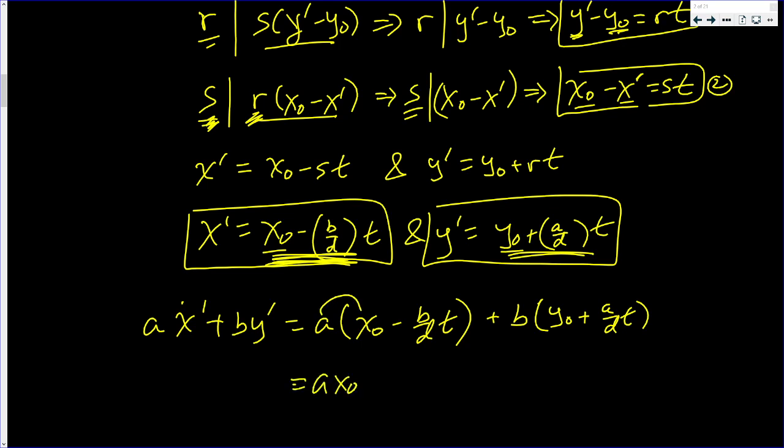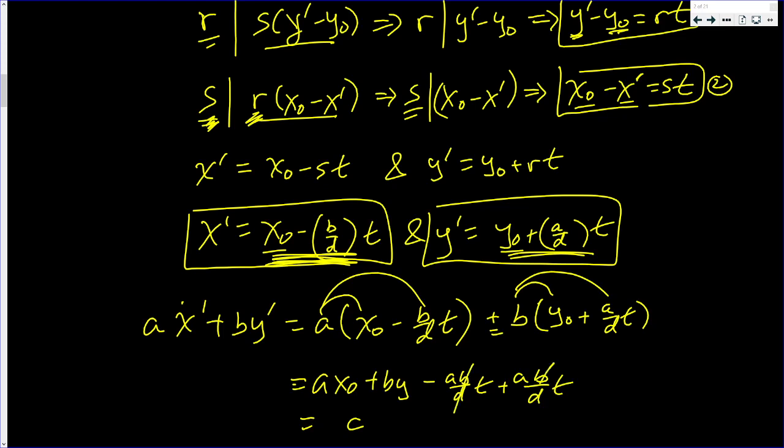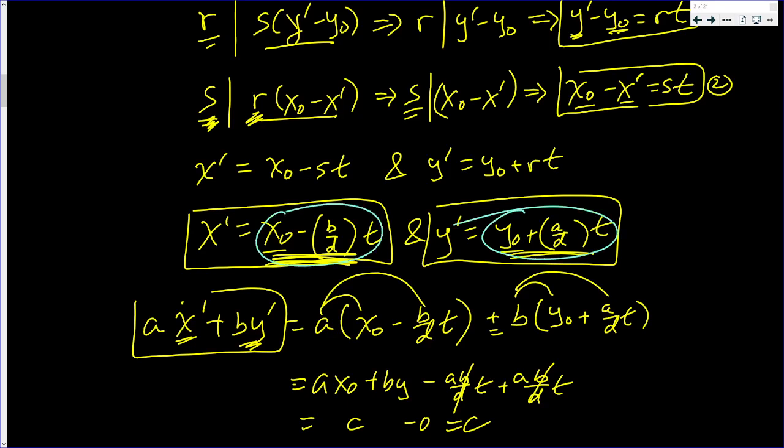We do get ax0 plus by0. Well, that's clearly c. But we have other stuff. We have to take away ab over d t, and we have to add ab over d t. Ooh, look at that. That turns out to be 0. So x prime, y prime is another solution. And it's in this form, just like we said it should be in. That completes this proof. It's a very important proof.